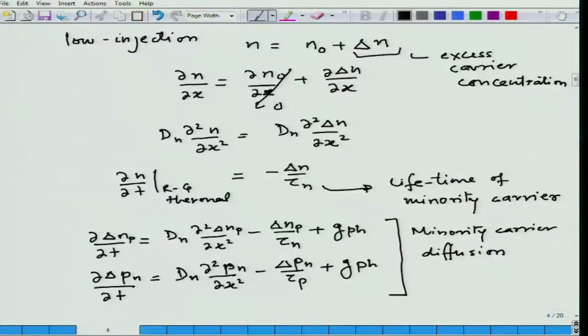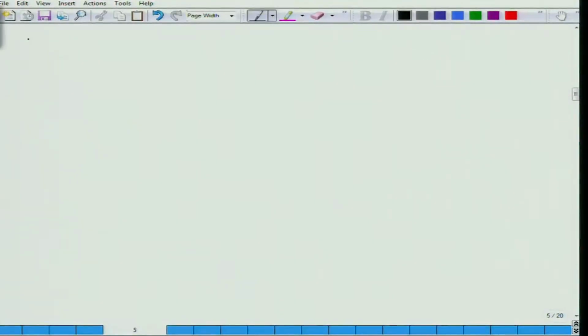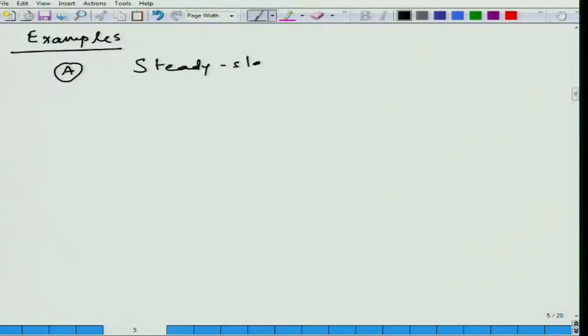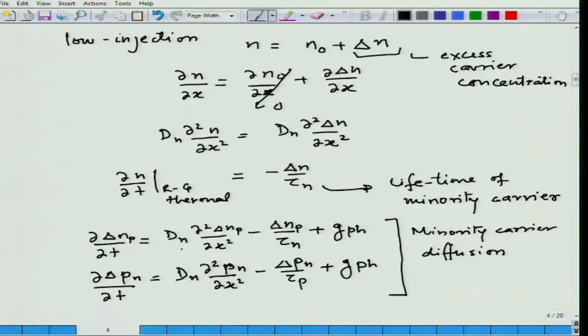Let us take some examples. So, we will take the first example and apply it to get some solution. The first one is, let us say, I look for a steady state solution. If I am looking for a steady state solution, what will happen to the minority equation, concentrating on the first one, which means the first term here is 0.